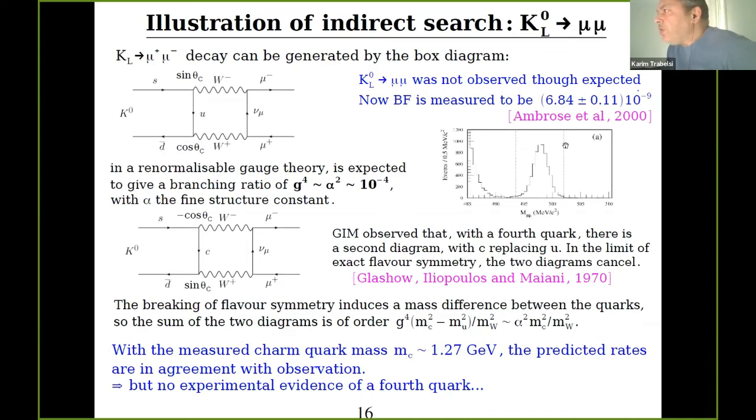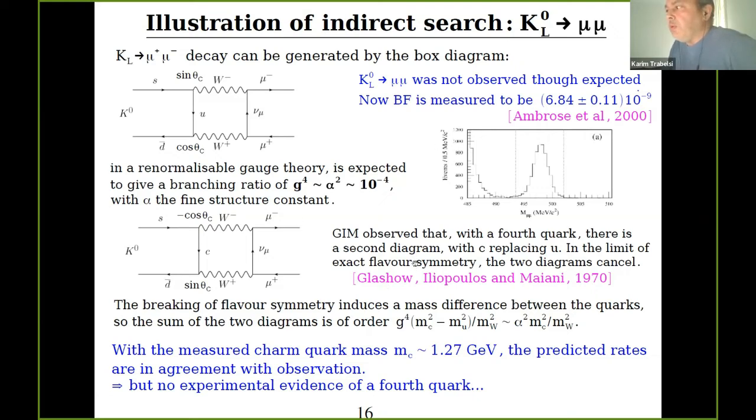And actually, I took something a bit more recent. The real measurement, after being observed, is 10 to the minus 9. So you see a huge difference between your standard model and your measurement. So this is a classic case of successful indirect search.